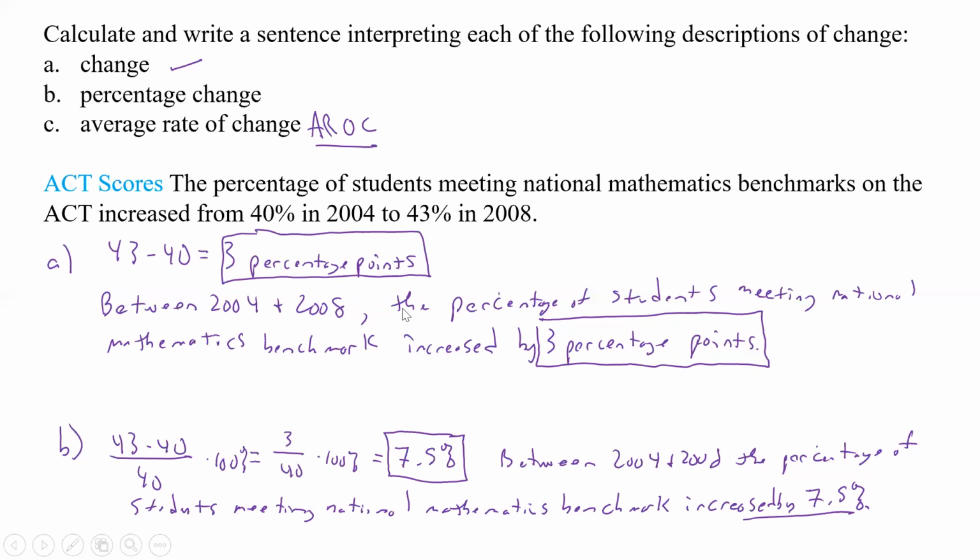All right, so now let's go to the next part, C. And C, we're doing the AROC. And remember, that's going to be basically our f of x2 minus f of x1 divided by our x2 minus x1. And so what do we have here?